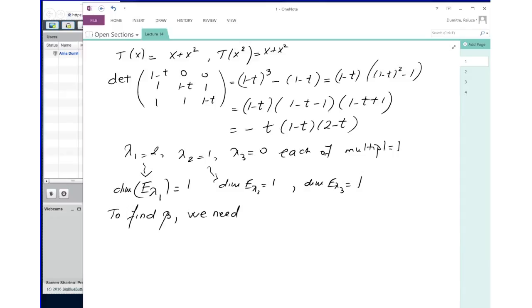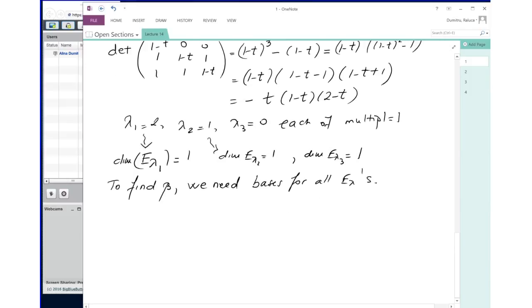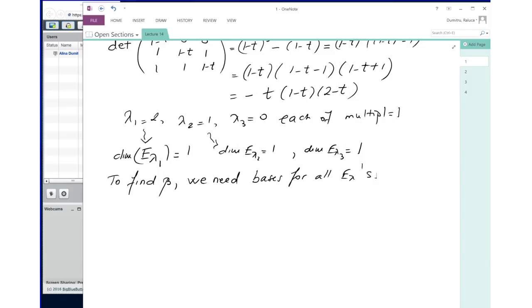And just to actually go ahead and compute them, and find a basis for each. So let's take the first one, E lambda 1. How do we find the basis for that? Well, E lambda 1 is defined to be the null space of T minus lambda 1 identity.